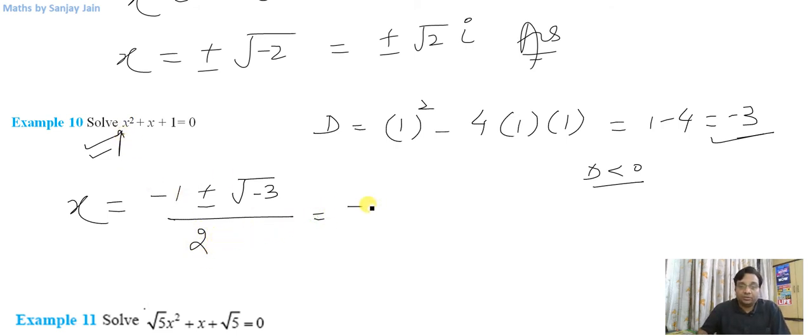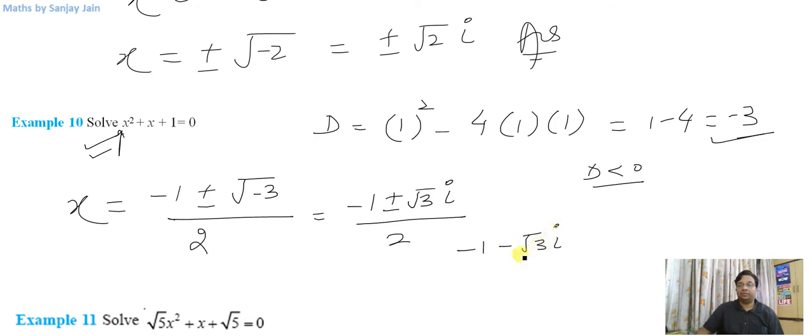So it will be equal to minus 1 plus minus root 3 iota divided by 2. Right? If you want to write these roots separately, these will be minus 1 minus root 3 iota by 2 and minus 1 plus root 3 iota by 2.